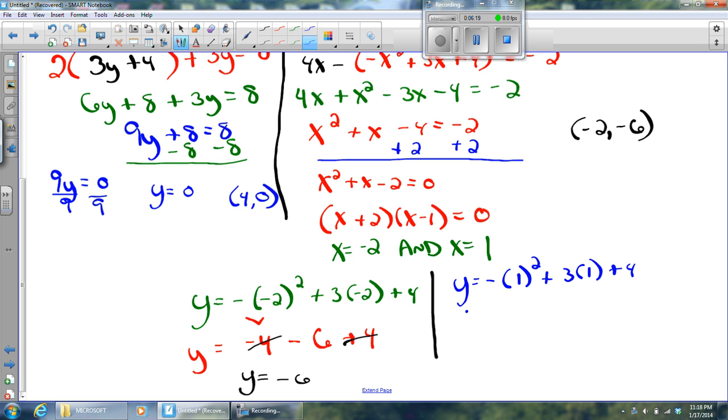All right, I'm going to get y equals, this will be 1 squared is 1, make it negative, plus 3 plus 4. Looks like that's going to equal 6. Seven positives, 1 negative, 6. So the other place that they will cross will be at the point (1, 6). And there we go.